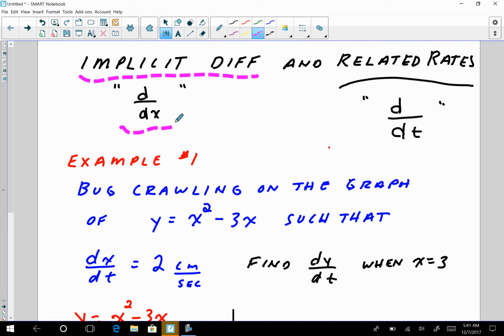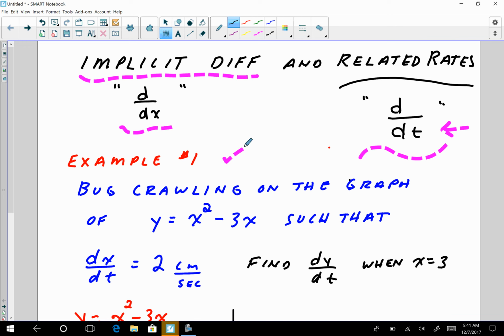When we do related rates, we have to talk about the rate of something, the rate of some distance changing over a change in time, and this is why we're going to use d/dt when talking about related rates. That dt is going to be our change in time, which will give us a rate. In fact, our example 1 this morning is a related rates problem.